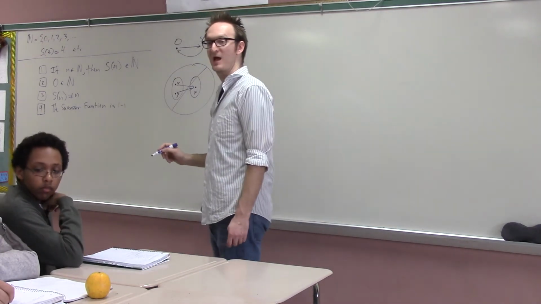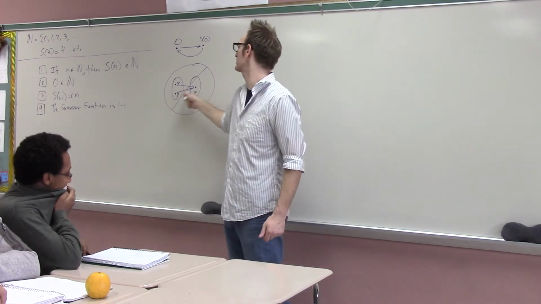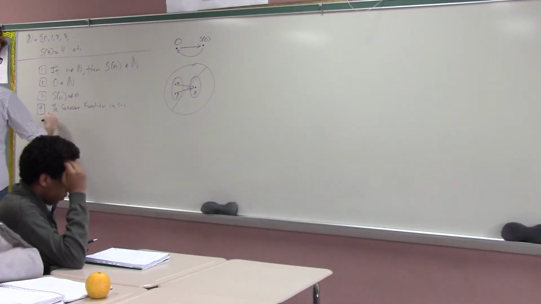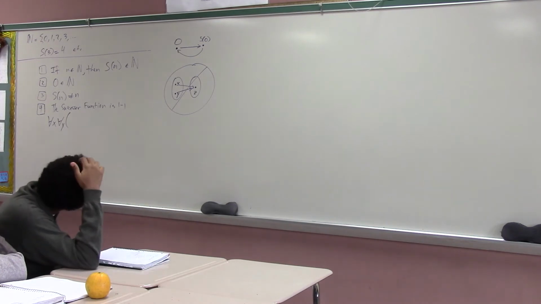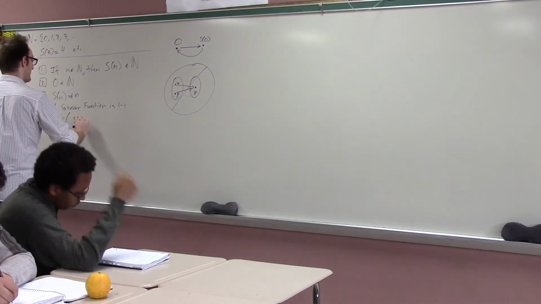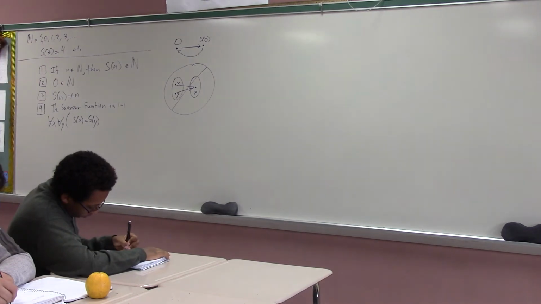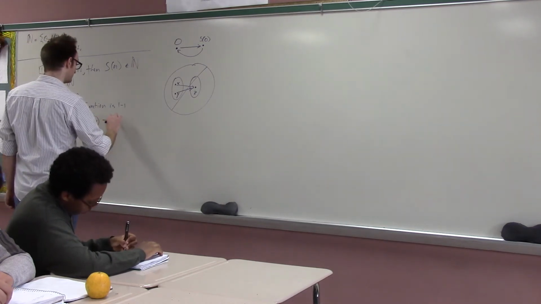How can I write a sentence which excludes two different numbers both pointing to the same number? Well, here's how you do it. You can say, if you give me two numbers, and the successor of x equals the successor of y, then what? Then they're the same number.